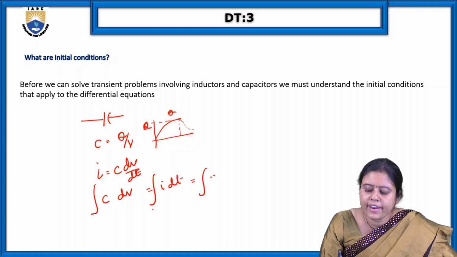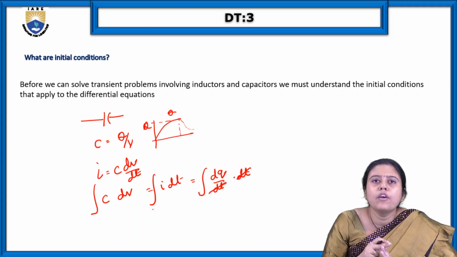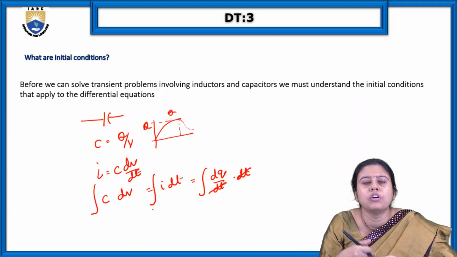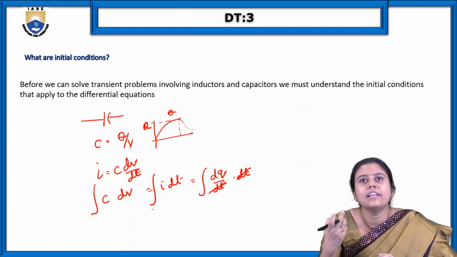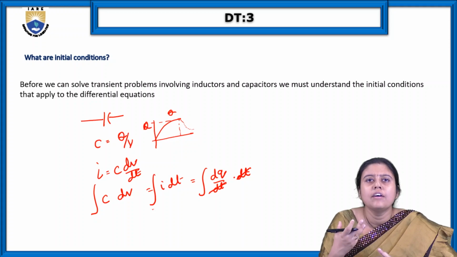So we can write dq by dt into dt, so dt cancels out. While integrating this q, the charge in the capacitor will never start from 0. It will always have some initial condition.